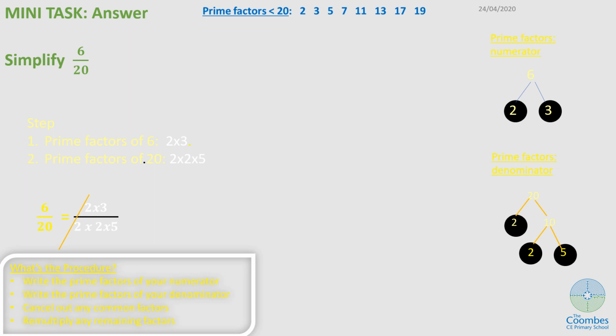Now, I know this 2 and this 2 can cross out, but the rest cannot. So I'll leave it like that and multiply the 2 times 5, which is 10, and the remaining 3. So the simplified form of 6 over 20 is actually 3 over 10.